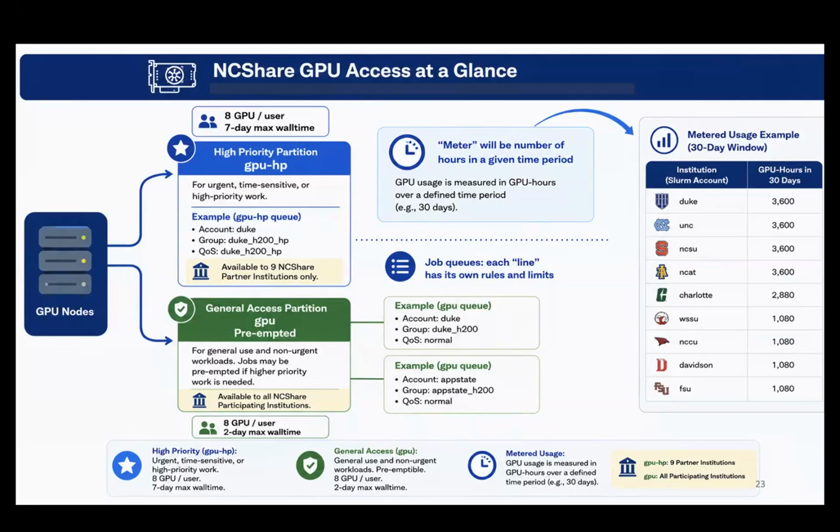One is the high priority GPU HP partition, which is for the 9 partnering institutions, and NC State is one of those. The other one is the general access GPU partition. On the right, you see the monthly quota for each of the 9 partnering institutions, in terms of GPU hours. You can have high priority access until you exhaust that, and then everyone else gets the general access GPU partition.